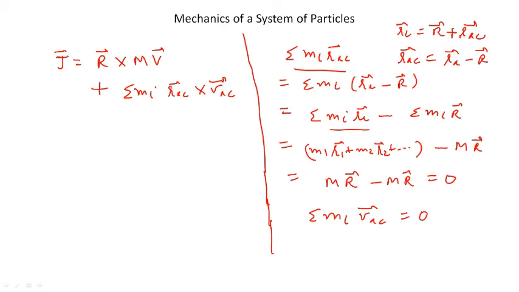So R cross MV is R cross P, and the other term is J_CM.